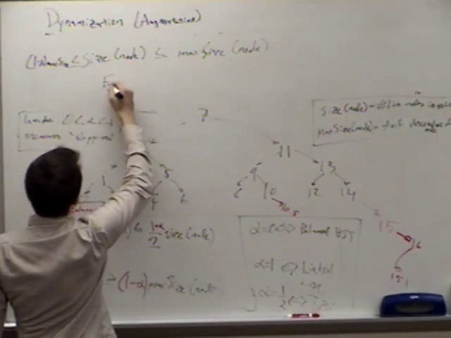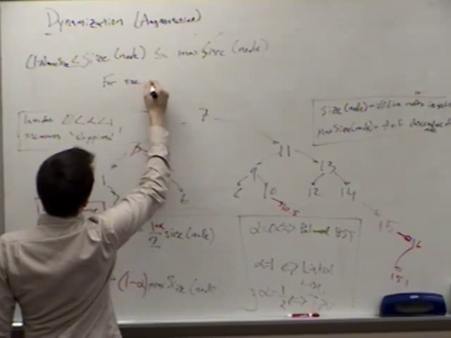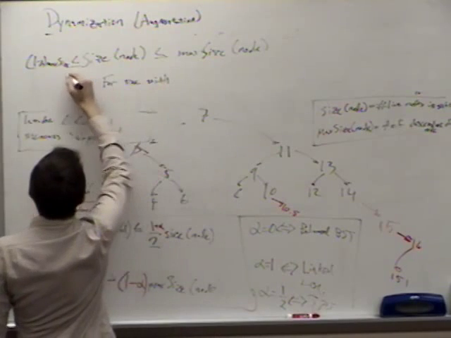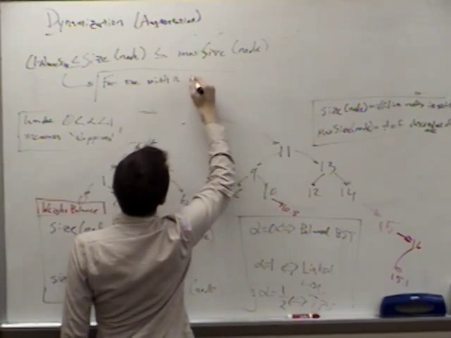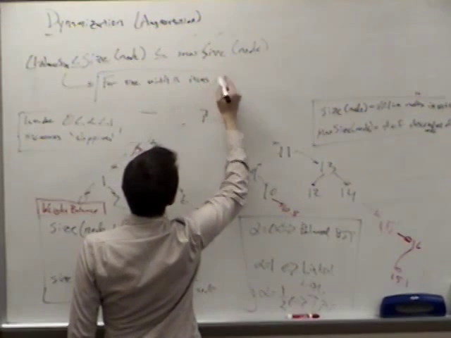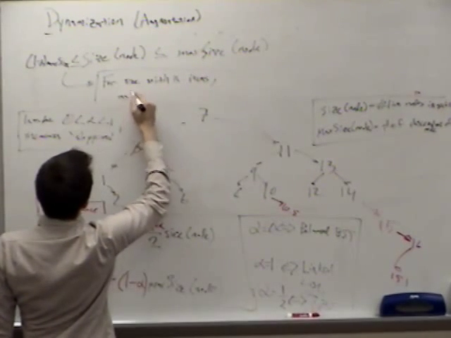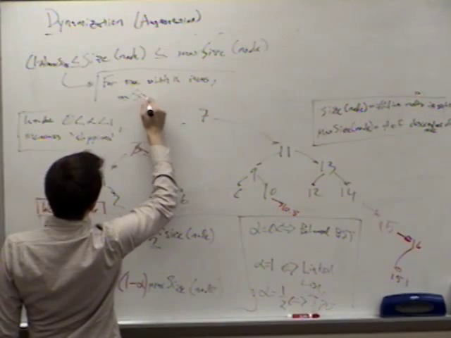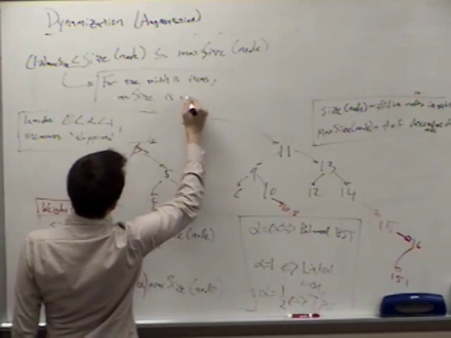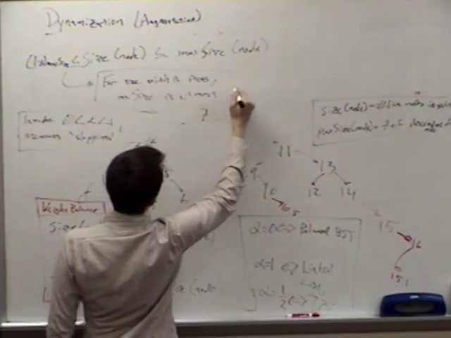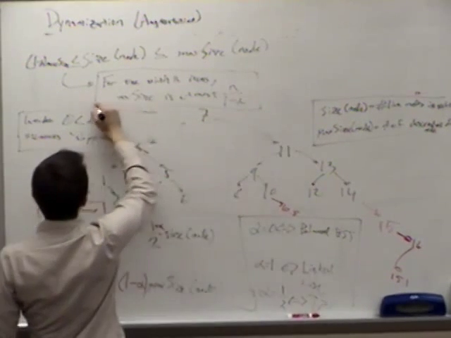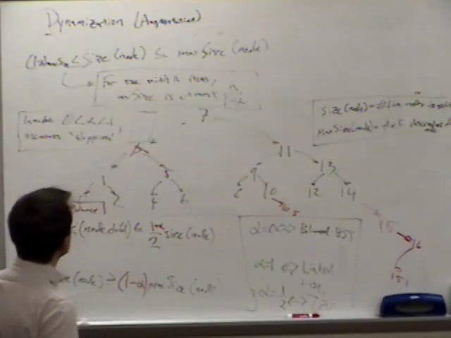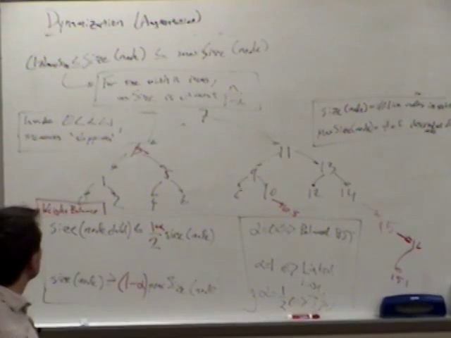So for a tree with n items, max size is at most n over 1 minus alpha. That's the conclusion from that first statement over there.